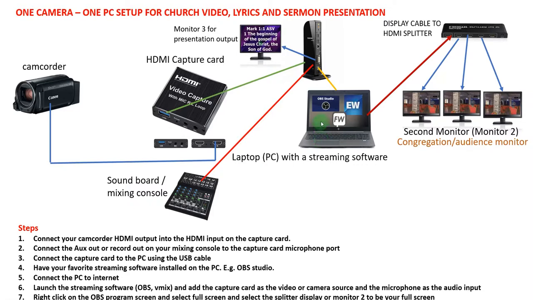Okay, so the first is your laptop, and the second is to have your software installed on it. You can have any presentation software you feel comfortable using. I'm going to mention two of the common presentation software for this particular tutorial. If you have Easyworship, you can install that one, download the free version or the paid version from the Easyworship website, or you can also use Freeworship.